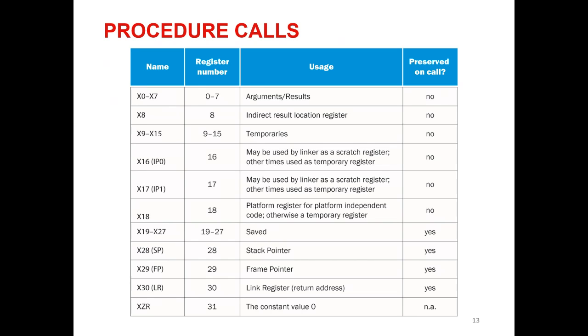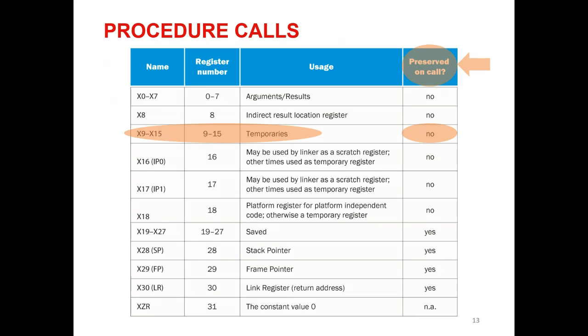And remember that I have mentioned that we have several registers. Once we call a procedure, some of those registers must be preserved. What does this mean? This means that if I call a procedure and I have a value before calling that procedure in a register, maybe that register is going to be overwritten by the procedure, and in some cases the value of that register will be lost.